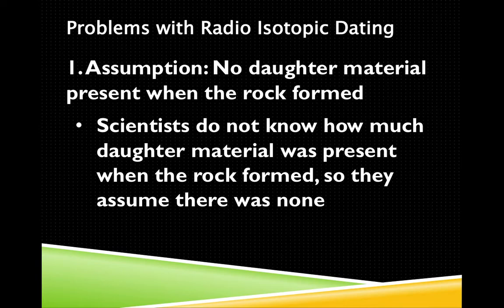So when a scientist looks at an igneous rock and looks at maybe the amount of uranium and the amount of lead in it, they don't know whether there was any daughter material there to start with, and if there was, how much was there. So they make the assumption that there was no daughter material when the rock formed. Now that might be a good assumption, but there's a lot of reason to think that that probably is not a good assumption to make.